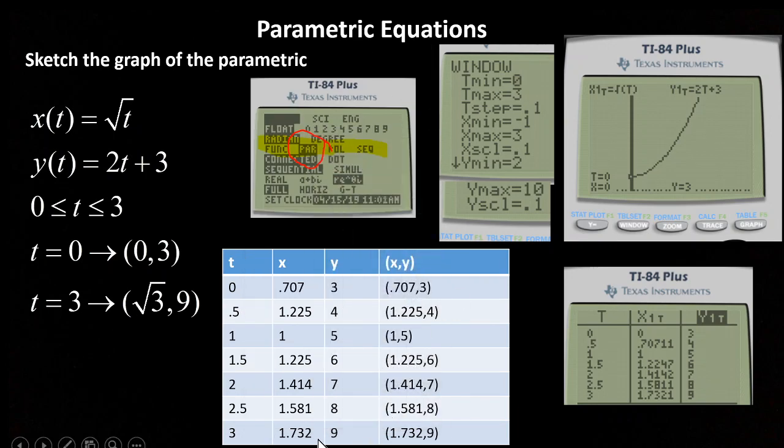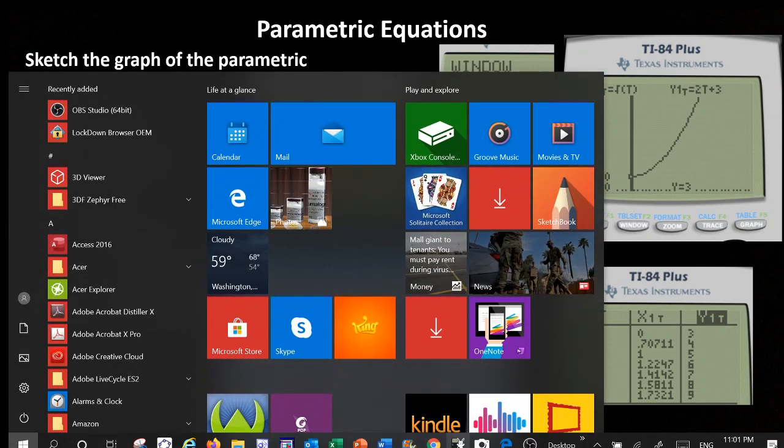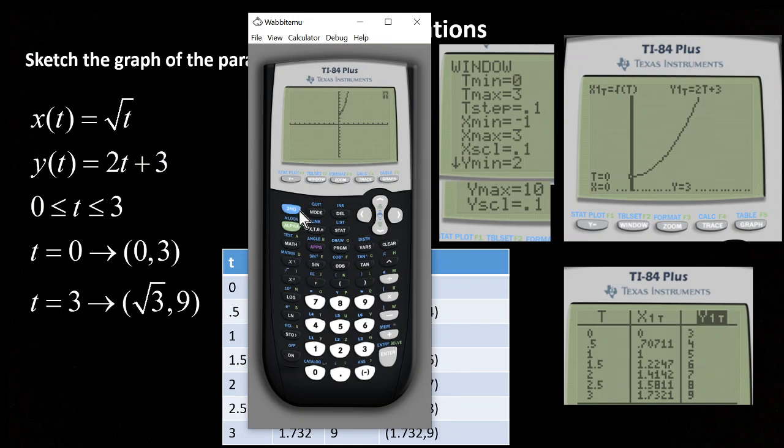Okay? Now, one more thing I was going to show you is the table. If you go to the table set here, you can change the table to be automatically created, or you can ask, so you can put the values in there.